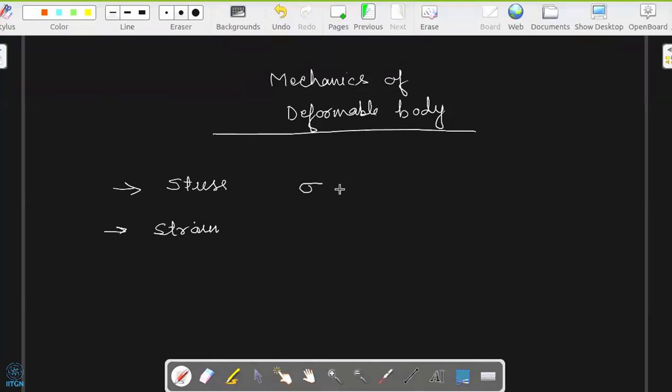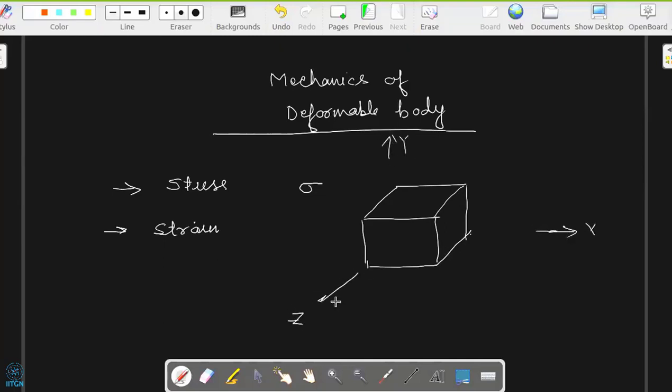And if you want to see the physical or geometrical meaning, in the xyz coordinate system you consider a cuboid, where this is x, this is y, this is z. Then this is sigma xx, this is sigma xy, this is sigma xz.